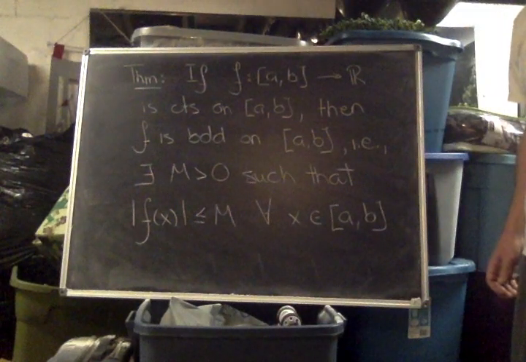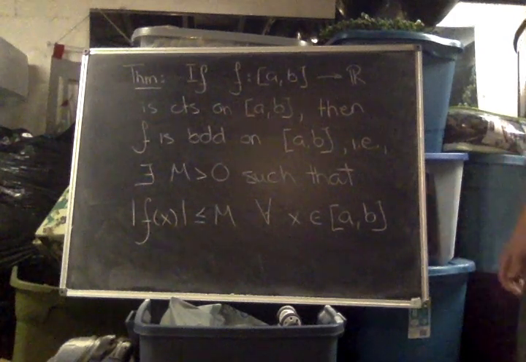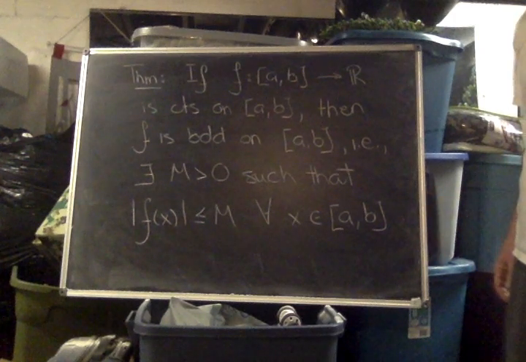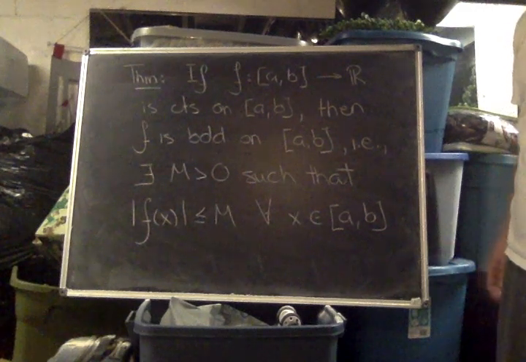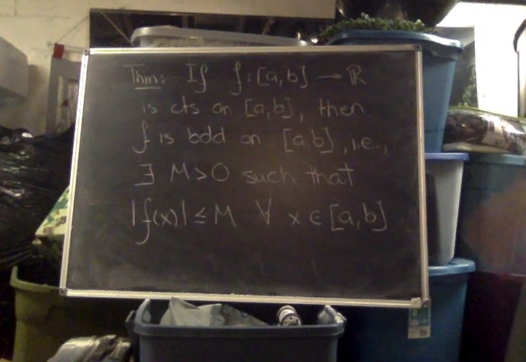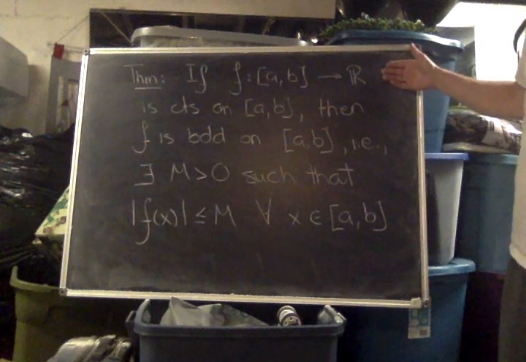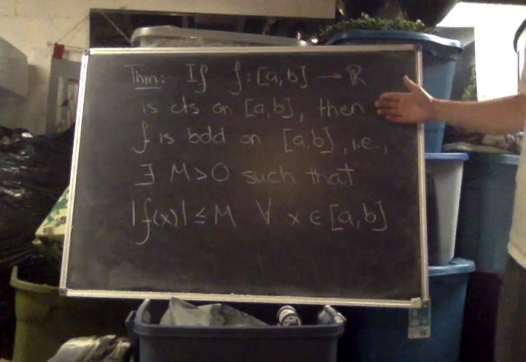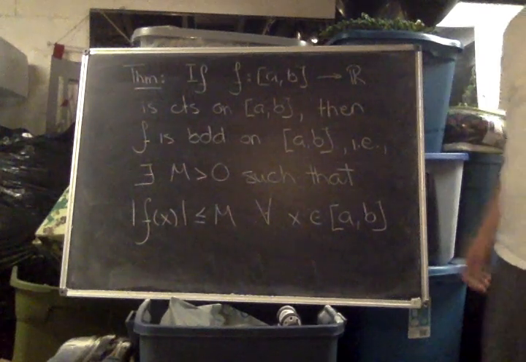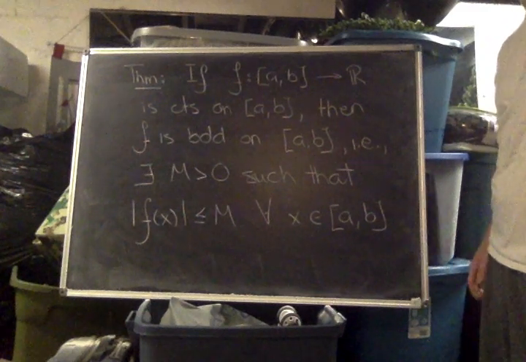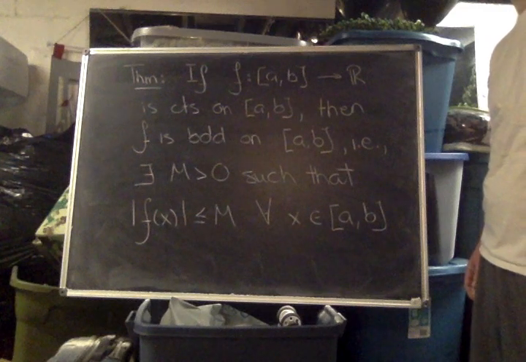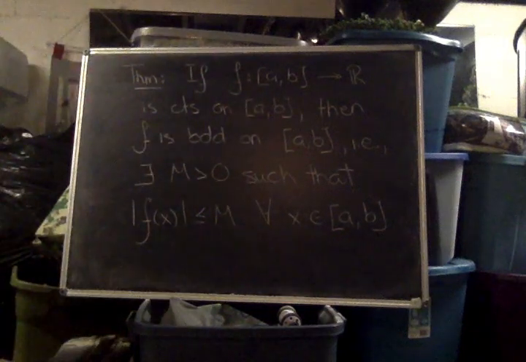Okay? So being bounded on a given domain means that the absolute value of the function does not exceed a certain fixed quantity, in this case capital M. And what this theorem is saying is that if f has for a domain a closed bounded interval and is moreover a continuous function on that closed bounded interval, then it is automatically a bounded function on that closed and bounded interval. And we are going to use that fact to prove the so-called max-min theorem.